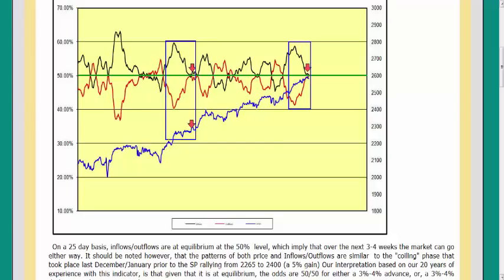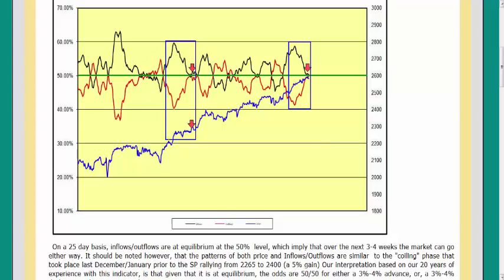The inflows versus outflows had come down to the zero line. That is an important demarcation point. And right there, we saw a resurgence. The market rallied. It went from 2265 up to about 2400, roughly a 6% advance.